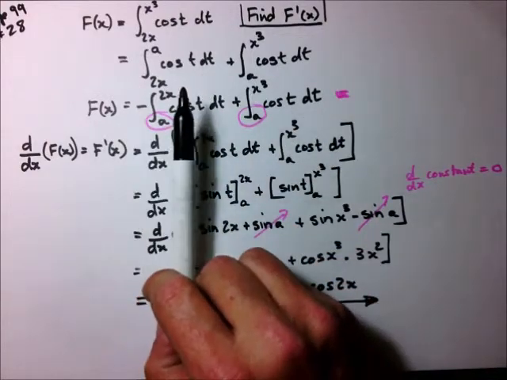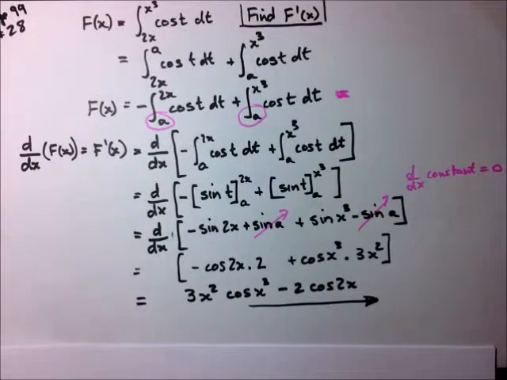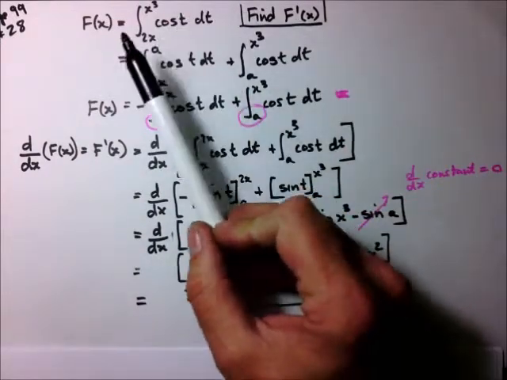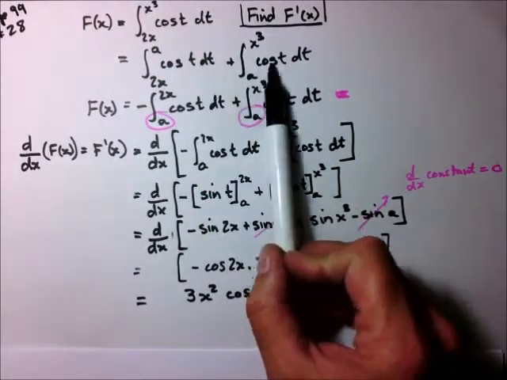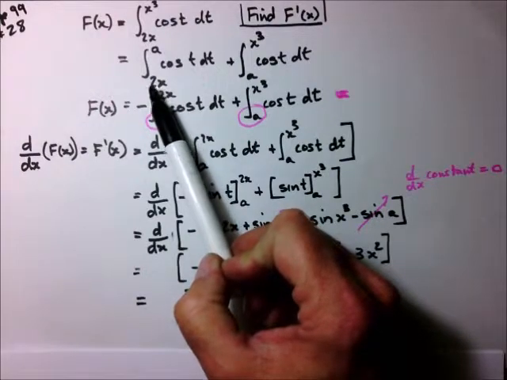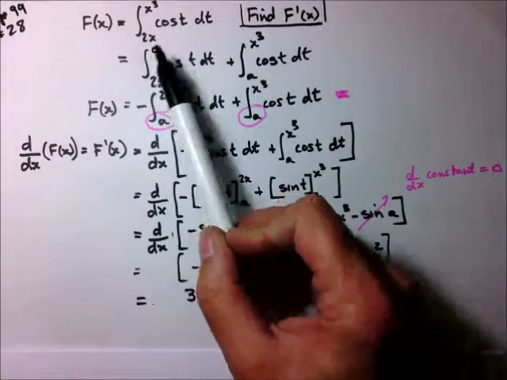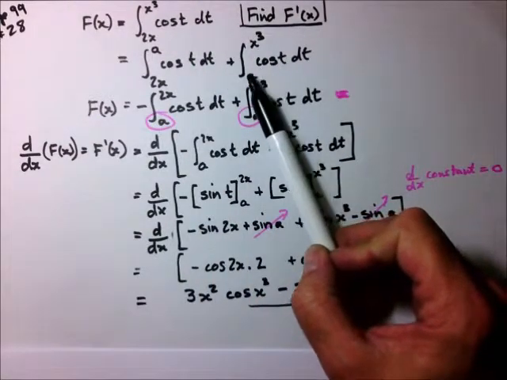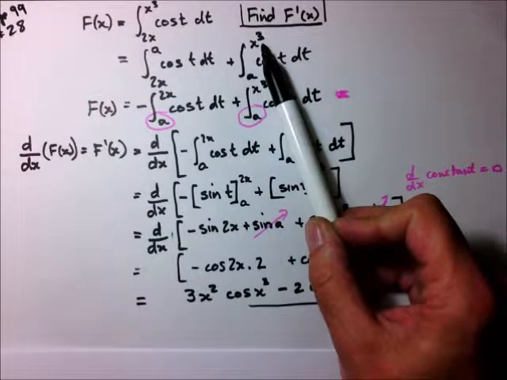Now, the first thing we did was split up the integral between 2x and x cubed into two integrals, where the first integral was between 2x and any constant a, and the second integral was between constant a and x cubed.